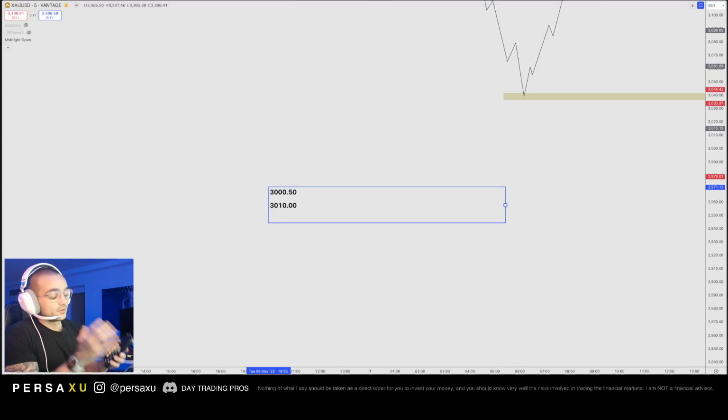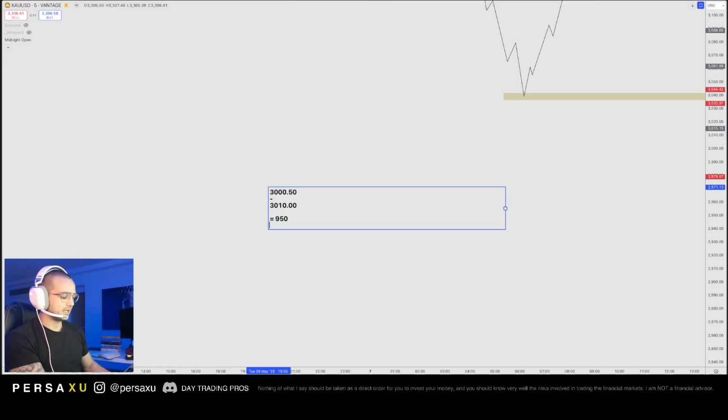So this is where you do want to have a little table. What I did, I didn't write it down here, but I subtract the price I'm entering versus the target, that is 950 points. And so you multiply that times the lots.